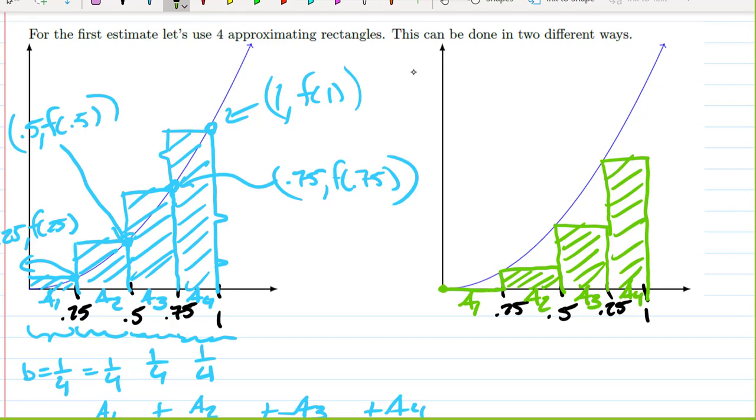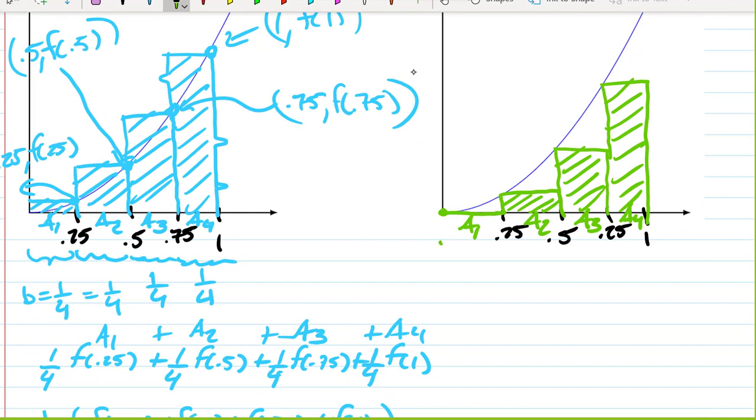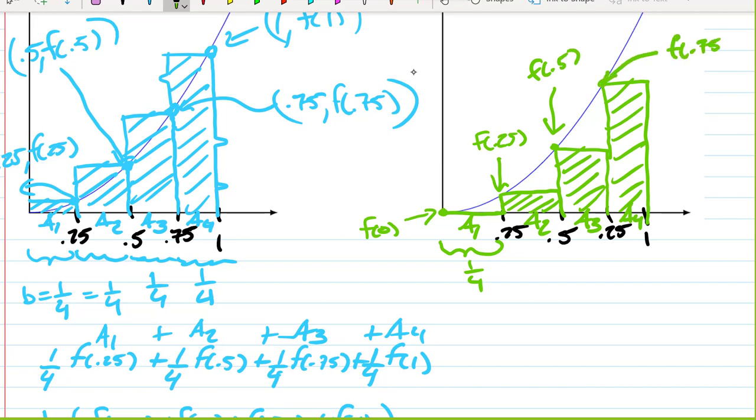In my green approximation, I would have an underestimate because all of my approximating rectangles lie below the curve. Once again, we'll notice the width of each rectangle is still 1/4, but now the heights are given by f of 0. The height here is f of 0.25. The height here is f of 0.5, and the height here is going to be f of 0.75.